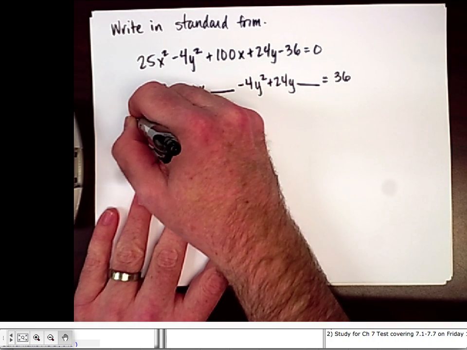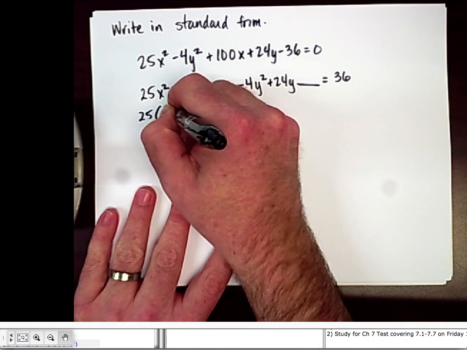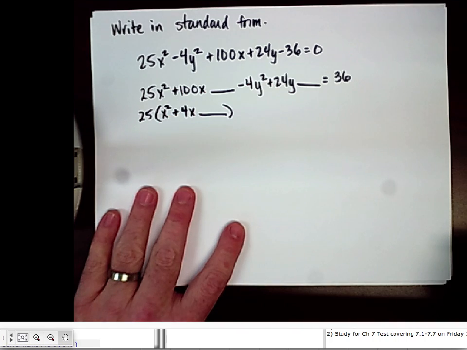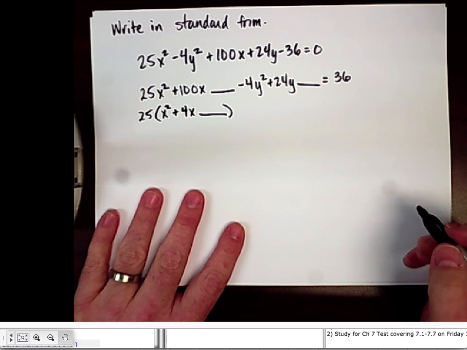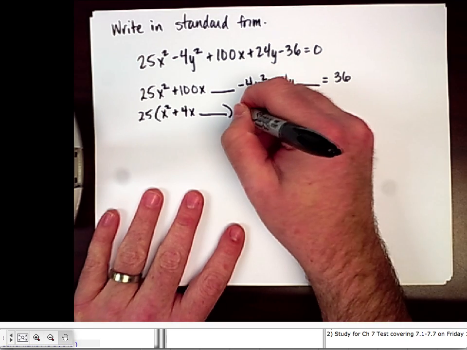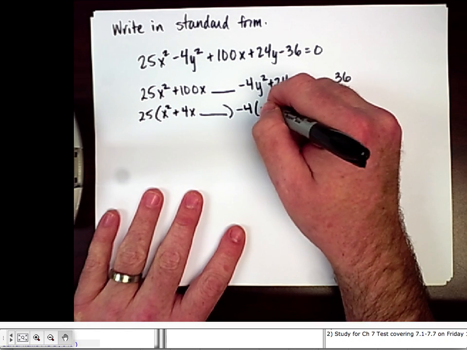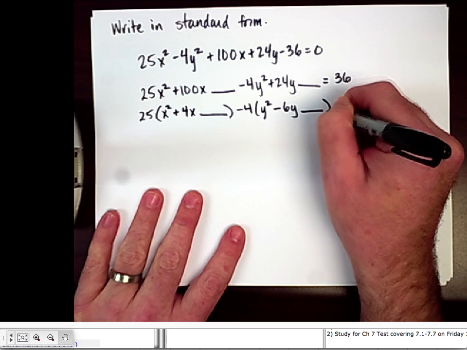We're left with x squared plus 4x, space. What are we going to factor out here? A negative 4. And we're left with y squared minus 6y, space.